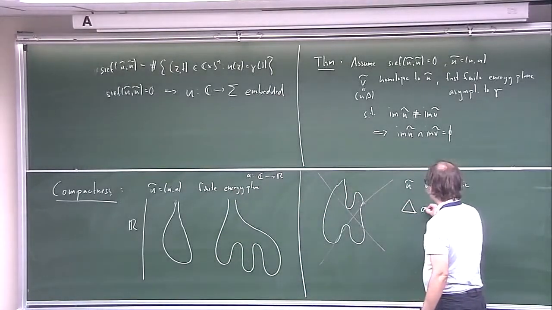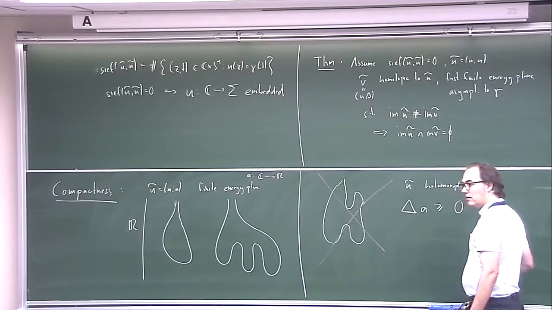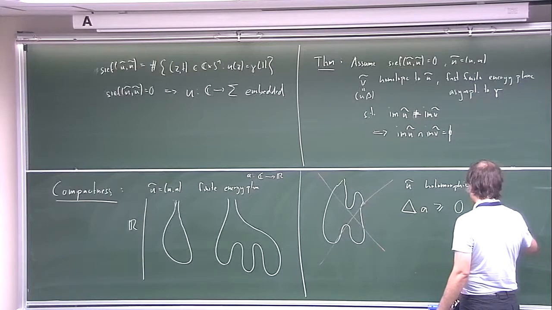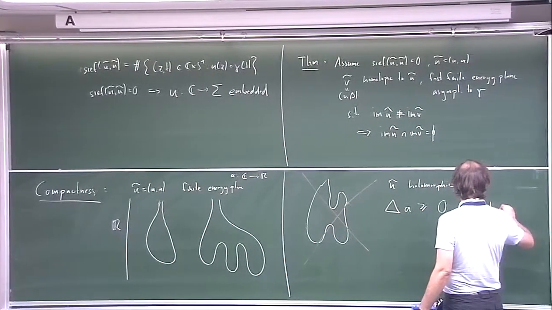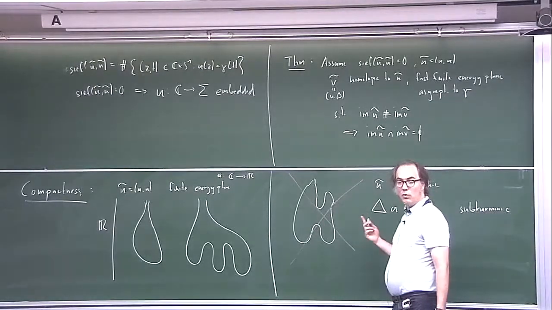So the Laplacian of a is bigger or equal to 0. So it's subharmonic, and therefore there is no local maxima.